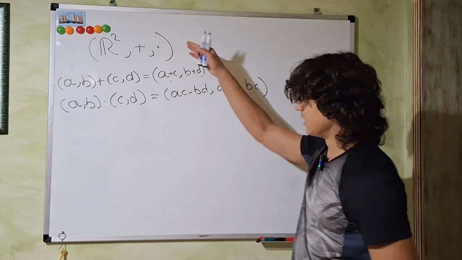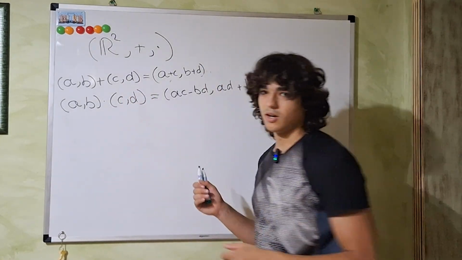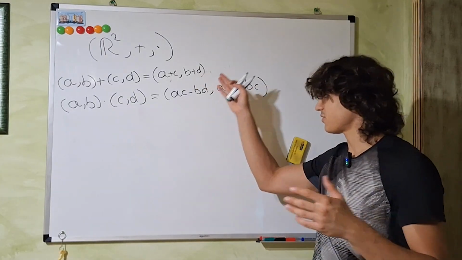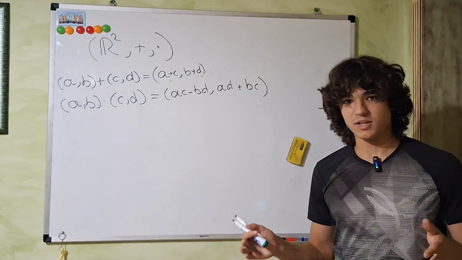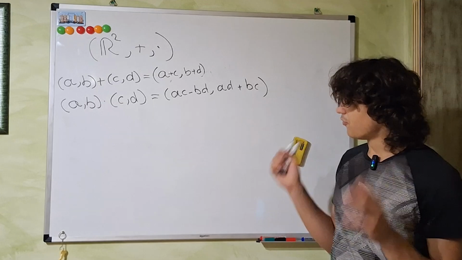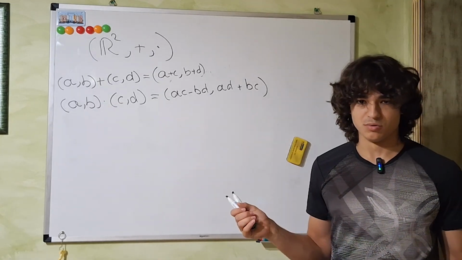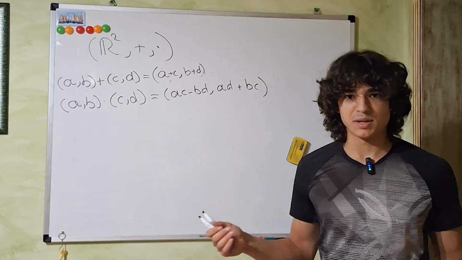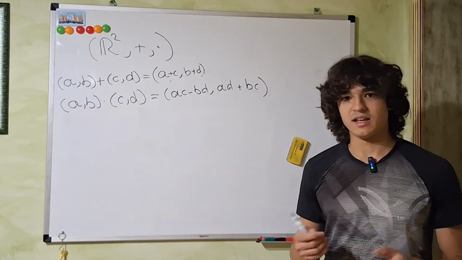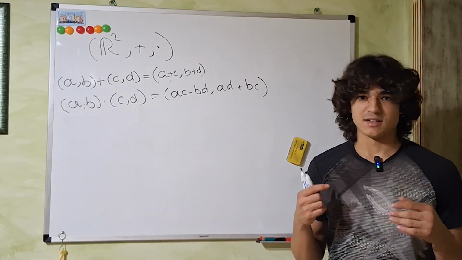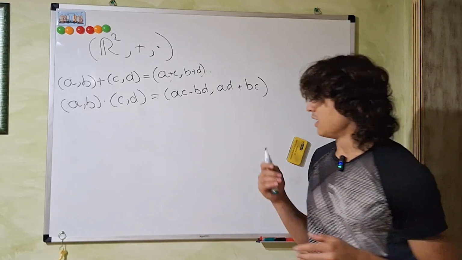Now, this is a field because both the addition and multiplication, those two operations, follow the usual rules, basically. Put simply, we should go into detail and take a look at those, but it's boring and we won't do it in this video.